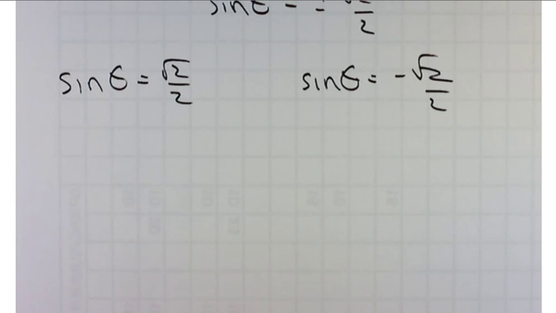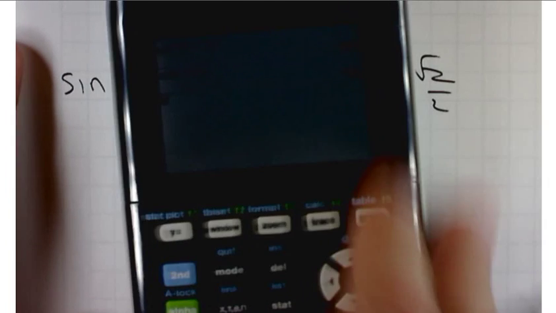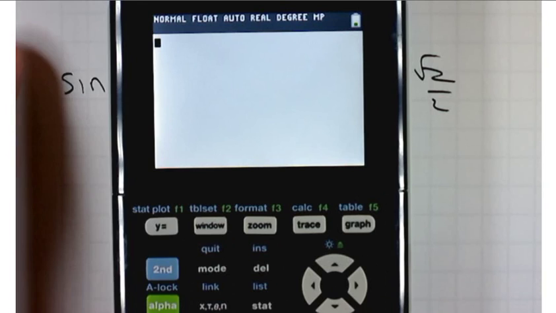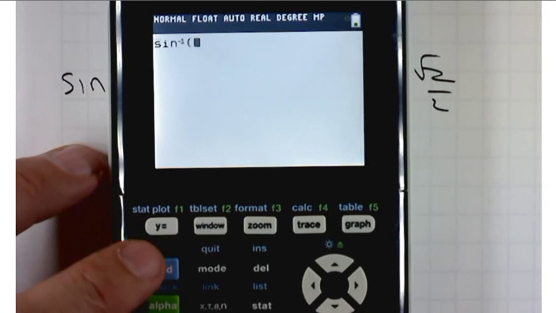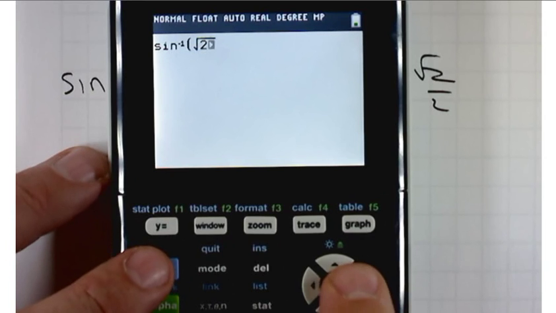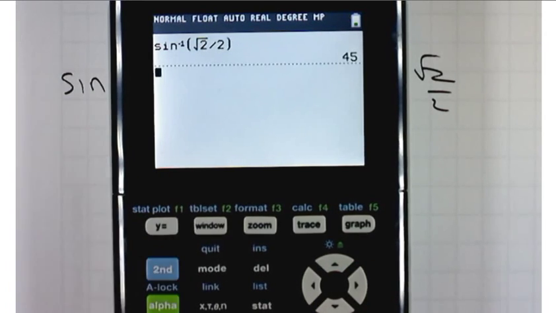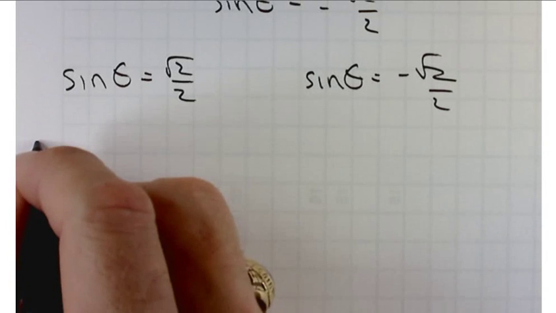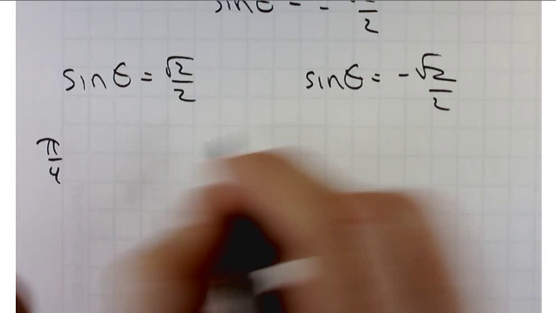Yeah, they're going to be 45-degree angles. You can get part of your answer by looking at your calculator if you wanted to. If you did sine inverse of the square root of 2 divided by 2, and you did that carefully, you should get 45 degrees. 45 degrees is pi over 4.